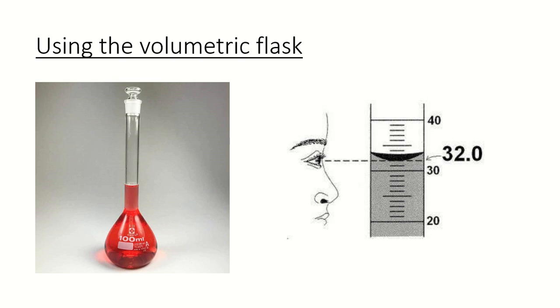It's this little mark about halfway through the long part of the flask, and that allows us to know that it's going to be exactly 250 centimeters cubed of solution in that flask. So when we're topping up our flask with the distilled water, we want to make sure that the meniscus sits exactly on that graduation mark. If we go over, we're going to have to start the whole thing again, so we don't want to do that.